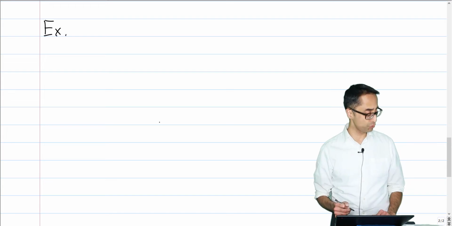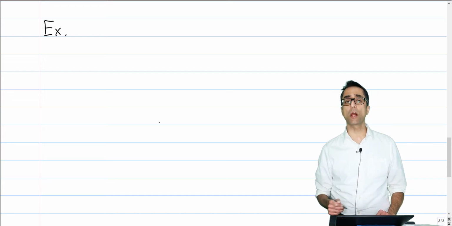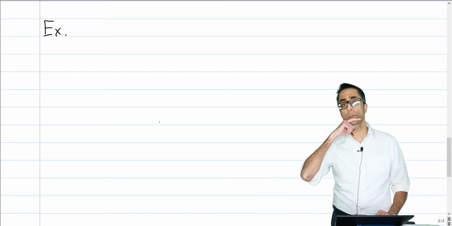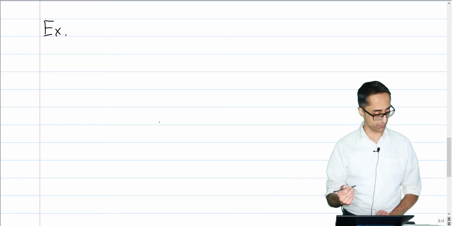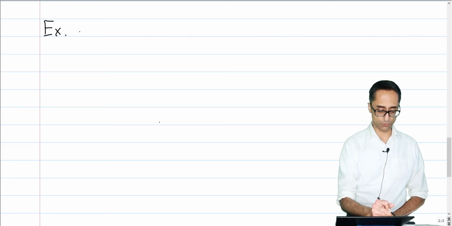Okay, so why don't we do sort of a generic example of an Ampere's law problem just to get us started, and we'll do more examples in a future time.